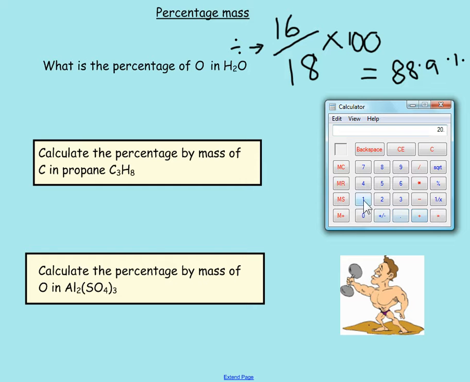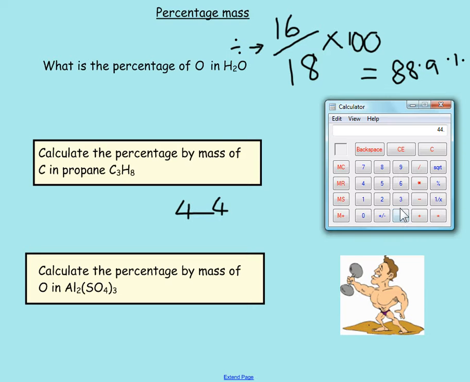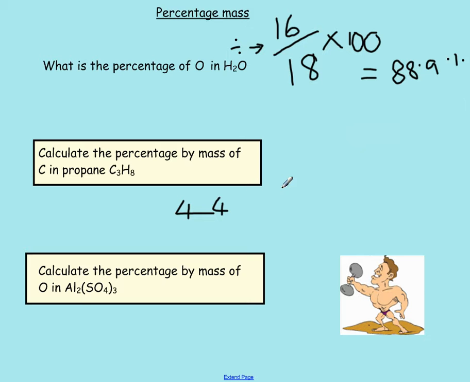And we know that the total mass of propane is 44. And we want to know how much of that is carbon. Well, 3 lots of 12 are carbon. So what was 3 lots of 12? 36. So 36 out of 44, times it by 100 to make it a percentage.